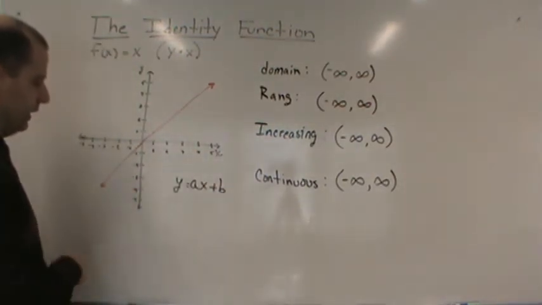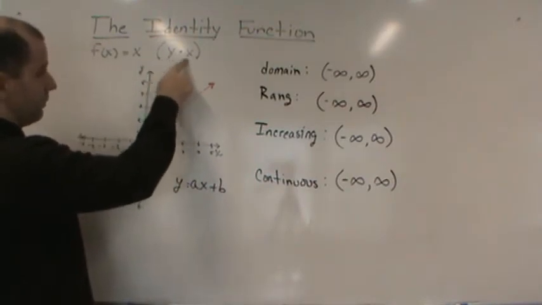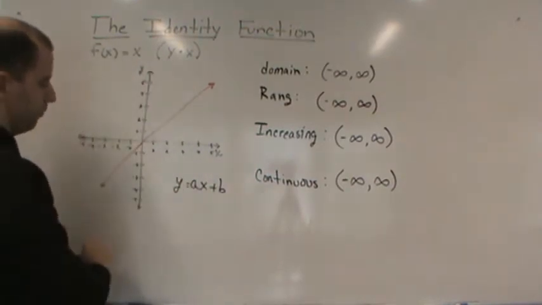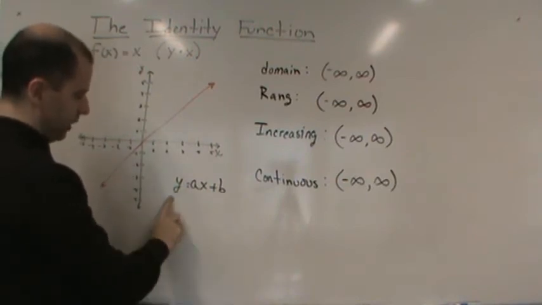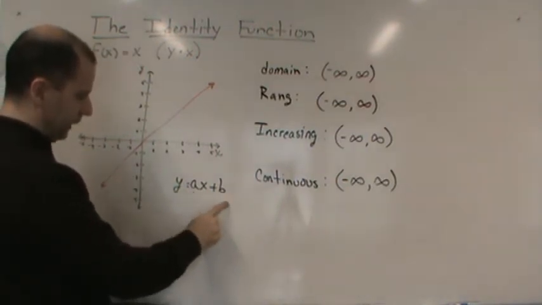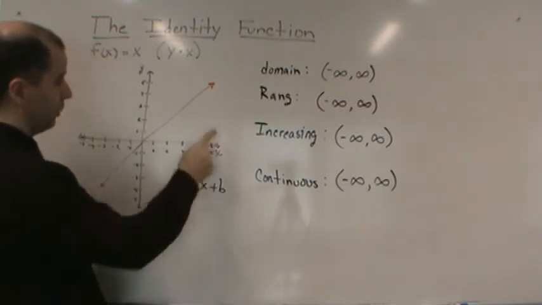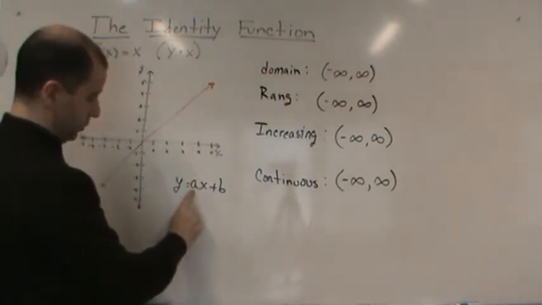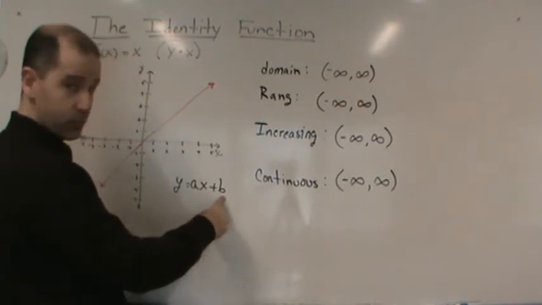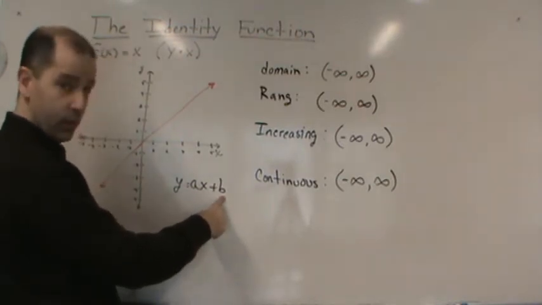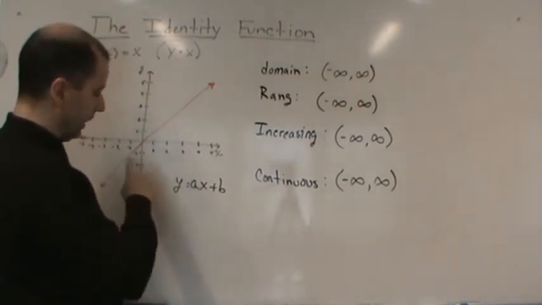So if we start with the basic function y equals x, which is the identity function, then all other lines of the form ax plus b can be made from this one, because all we have to do is multiply x by some real number and add or subtract some real number, and we can get any line.